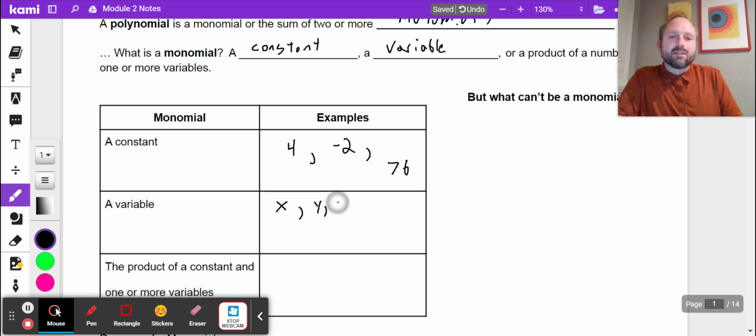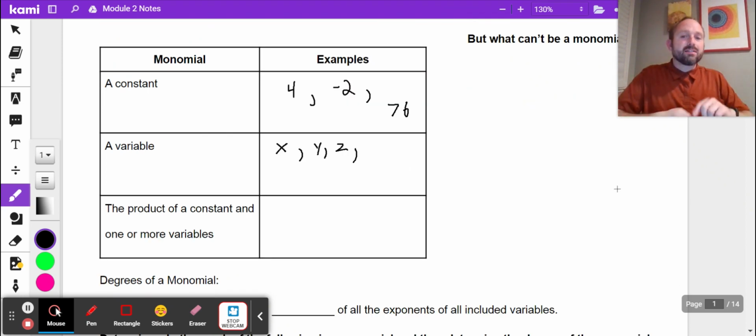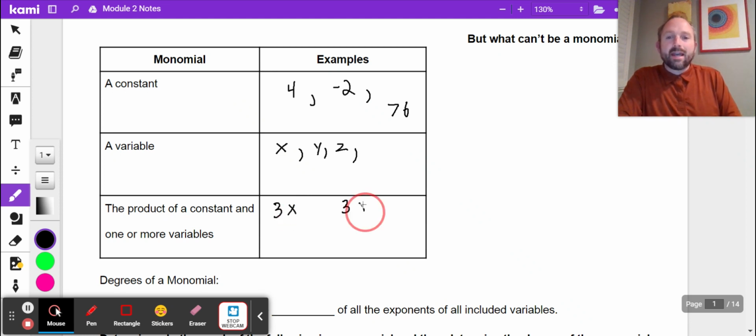We also have y, we have z, we have a whole bunch of letters that we label as a variable that could be various numbers. Now, it could also be a product of constants and one or more variables. So, for example, it could be 3x or 3xy or even the dreaded 4t.